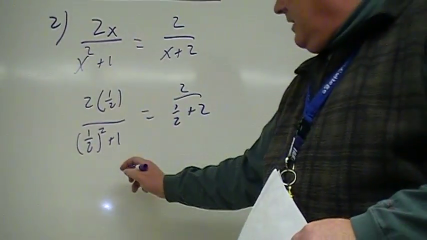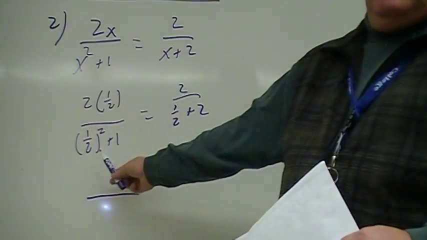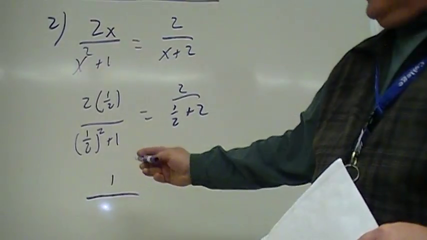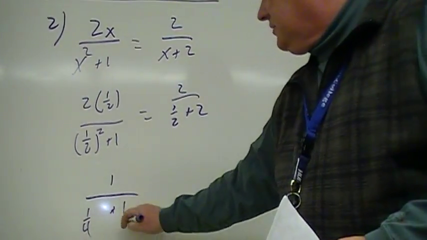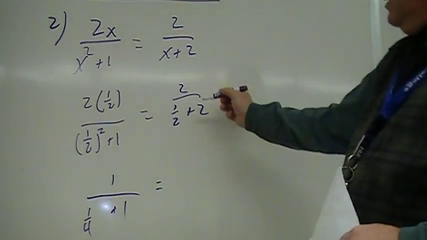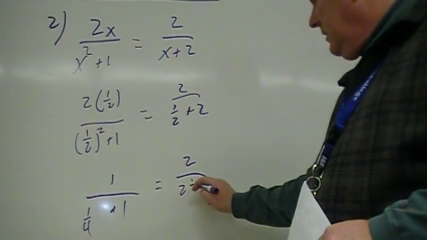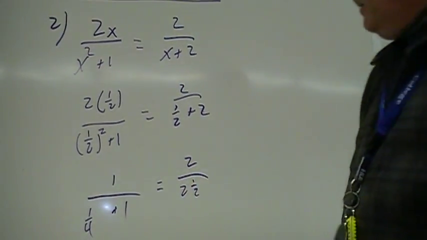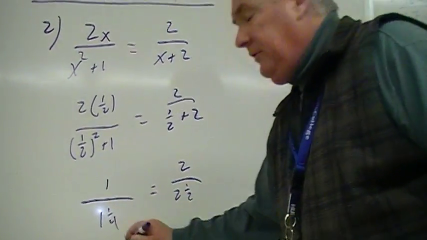two times a half, what's half of 2? 1. You got to know this, 1/2 squared. 1/2 times 1/2 is 1/4 plus 1. And then here we have 2, and 2 plus 1/2 is 2.5. So 1/4 plus 1 is 1 1/4.